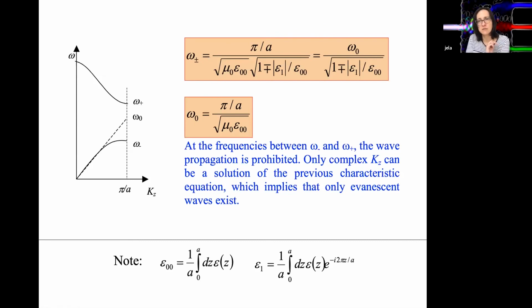What does that mean? Complex k. I mean, here I plot real k. Complex k would mean that you still have solutions that look like normal modes or Bloch modes, but they would correspond to a complex k vector, which means that they would be evanescently decaying Bloch modes, okay?